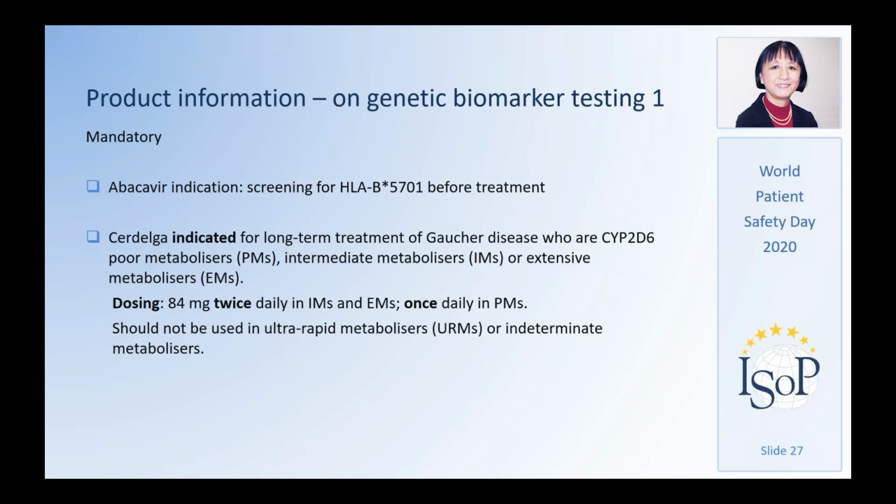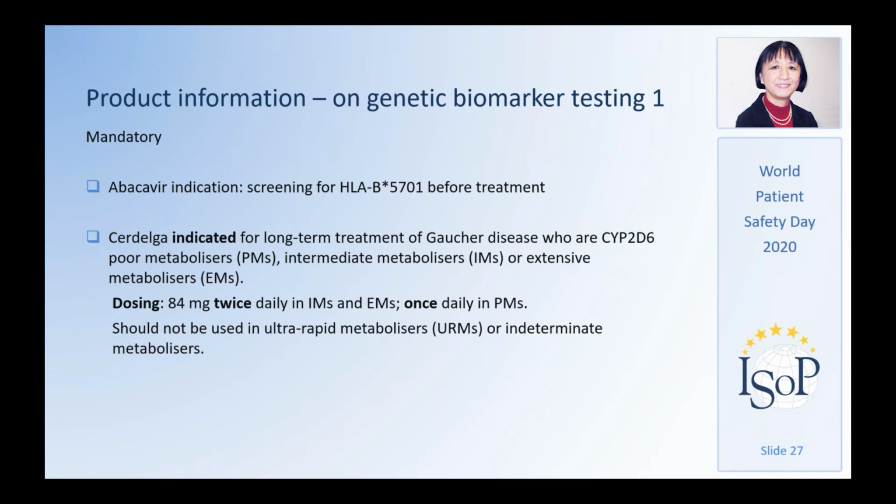In the case of Cerdelga, which is eliglustat, for Gaucher disease, this is indicated for long-term treatment in patients who are 2D6 poor metabolizers, intermediate metabolizers or extensive metabolizers. And this biomarker helps the right dosing.